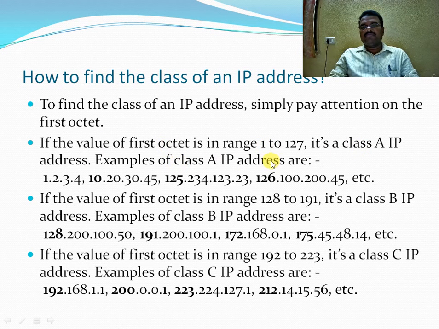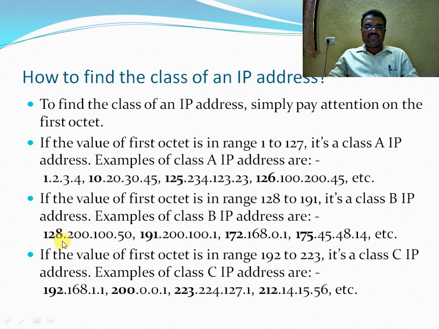Examples of class A IP addresses are 1.2.3.4, 10.20.30.45, 125.234.123.23, 126.100.200.45, etc. If the value of the first octet is in the range of 128 to 191, it is a class B IP address.